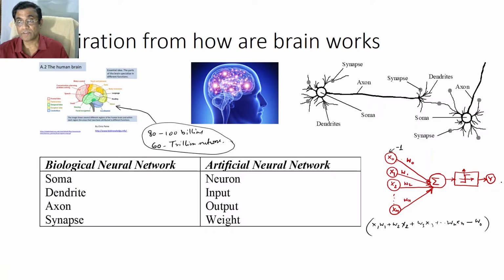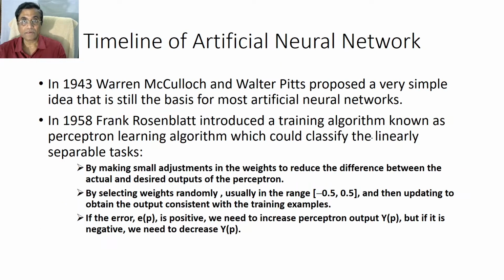So it is actually inspired from electrical engineers' control theory, where input is transformed to output through a transfer function. So that is what the McCulloch-Pitts model of the neuron is, which was developed in 1943. We will talk about this.